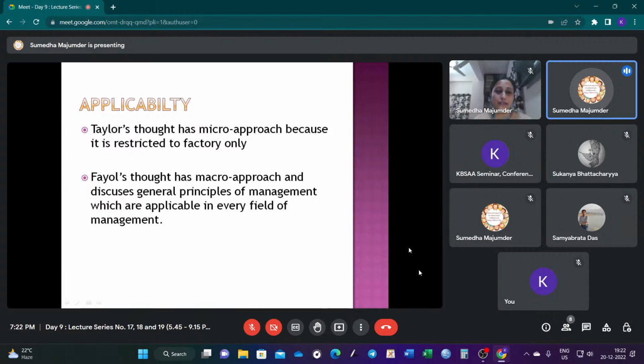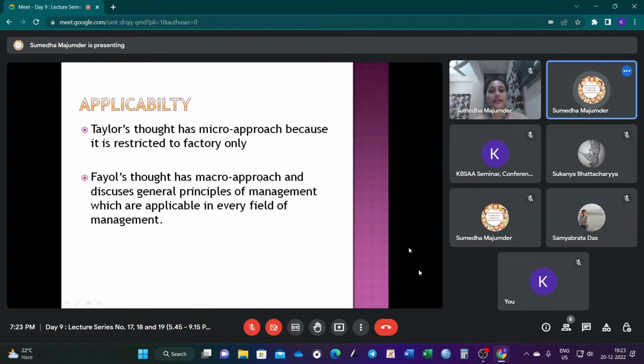Then we are moving towards the actual applicability, because when we are discussing these several thoughts of management, then definitely here we are focusing from the exam point of view. Up to this, from the exam point of view, that means Taylor's contribution, Fayol's contribution, the year of this contribution, the name of the author, the basic principles of this contribution, the essence of these thoughts, and also the applicability.